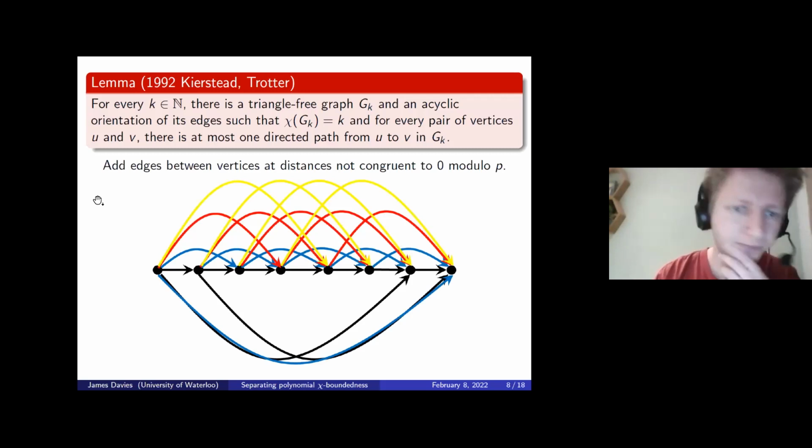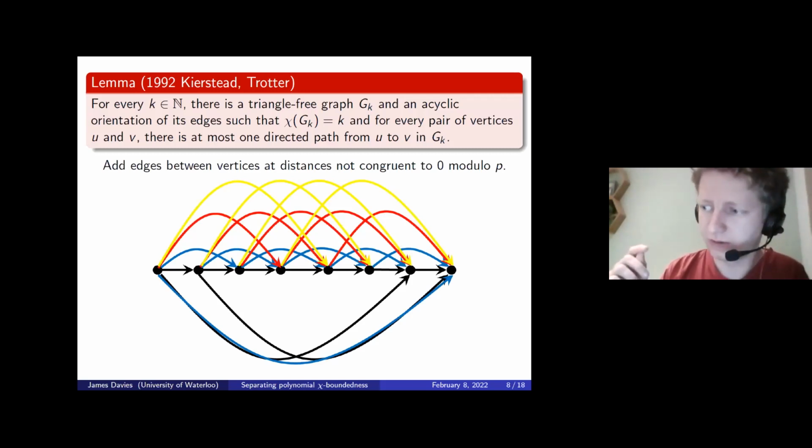Okay, so that's the construction. One property we clearly maintain is that we still have large chromatic number, or whatever chromatic number we picked, because all we're doing is adding in edges. The bit that's important to examine is that we don't have clique number more than p, and we also need to examine cliques in induced subgraphs. So next I'll look at what a clique can look like in this thing.